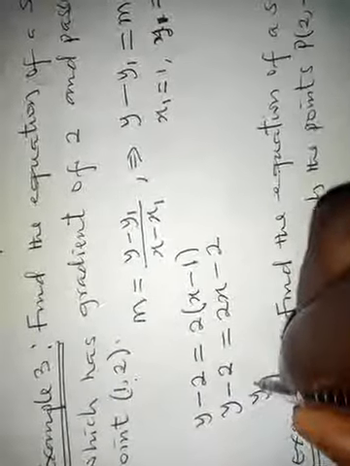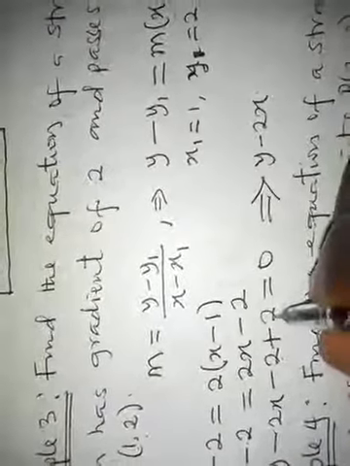We have y minus 2x, and when this minus 2 comes here, it changes to plus 2, which is equal to 0. Then minus 2 plus 2 will definitely give us 0. So we have y minus 2x is equal to 0.